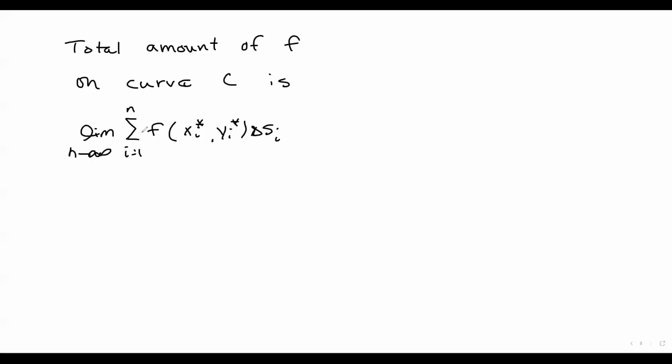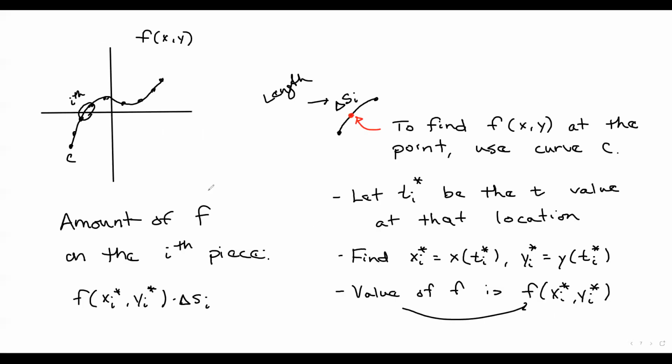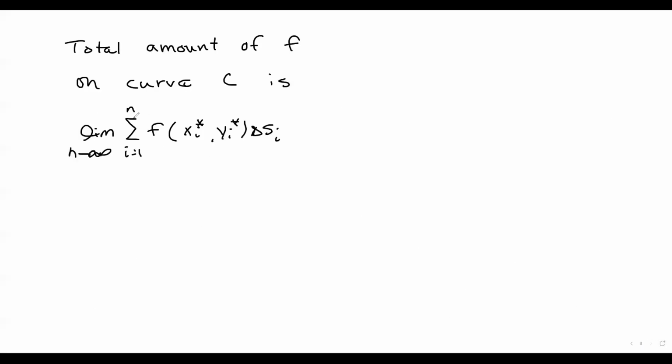Now what we're doing is adding up all of these amounts for each piece, and then taking the limit as the number of pieces goes to infinity, and that's going to get us the exact amount of f that's on the curve.